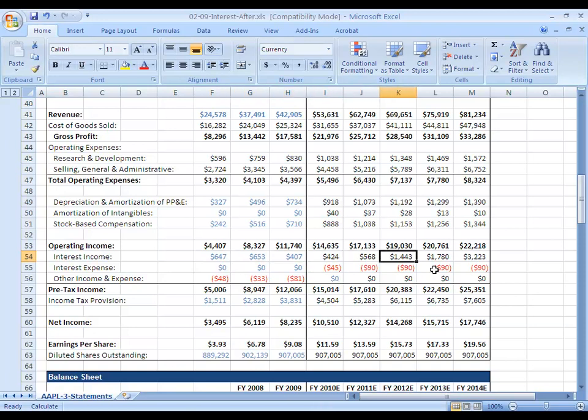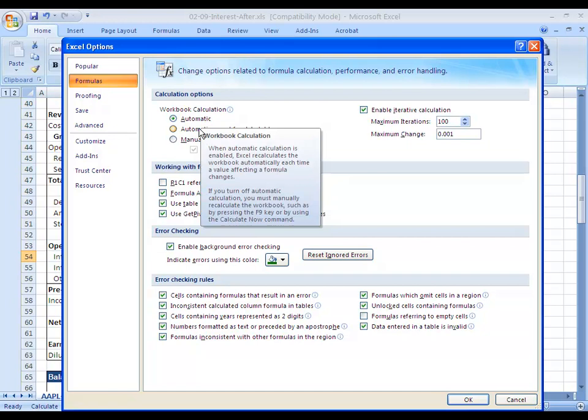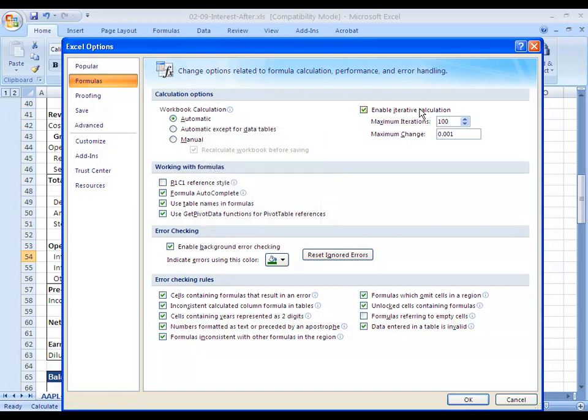So that's how we finish tying together the three statements and how we calculate the interest income and expense based on Apple's cash and debt balances over these 5 years. One other quick point: if you go to Alt-TO for options and go to formulas, you remember that in the first video I told you to turn on automatic workbook calculation and also to enable iterative calculations, and this is exactly why.